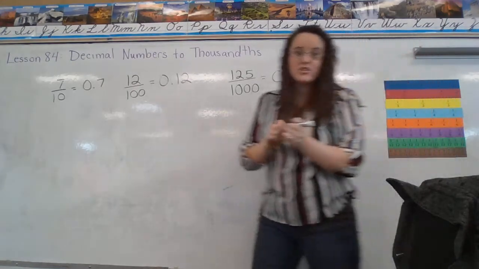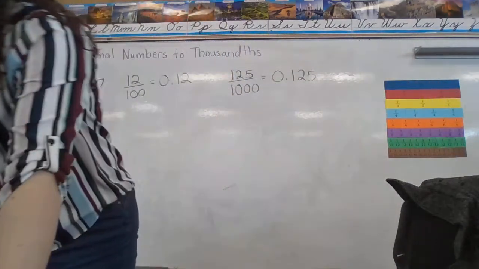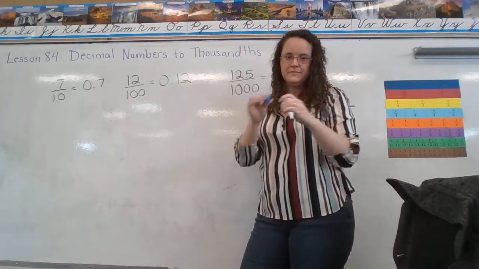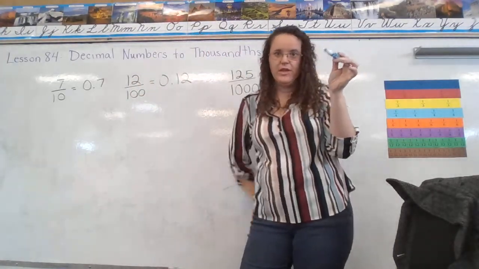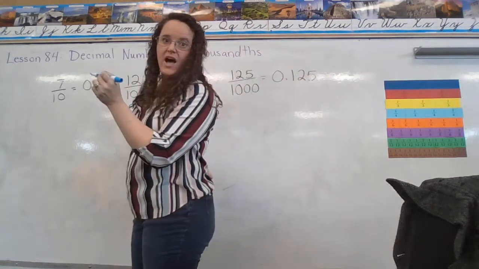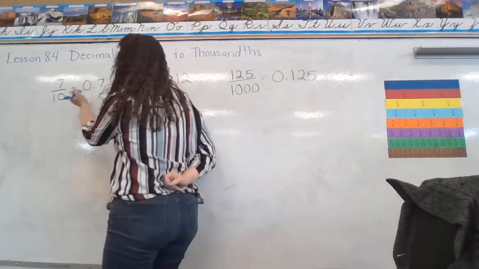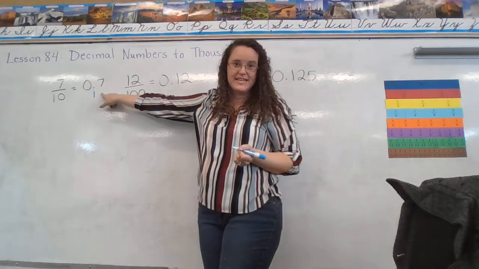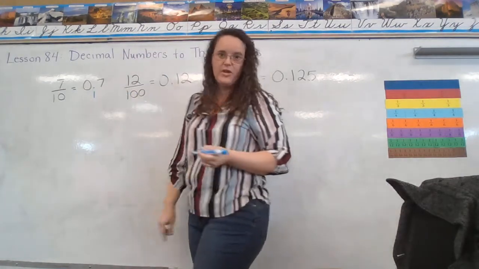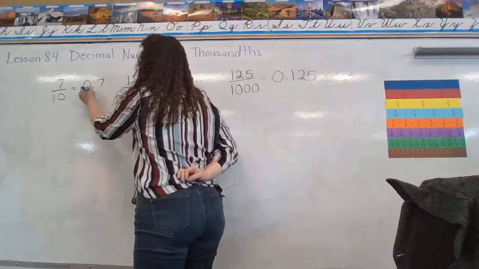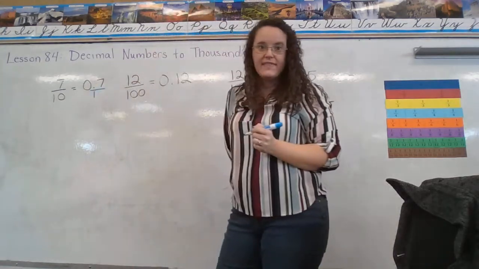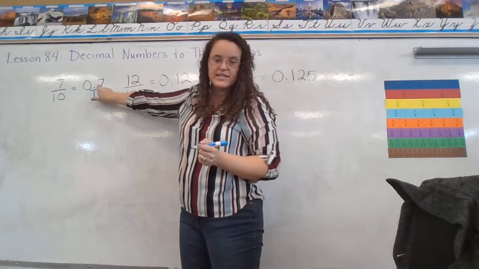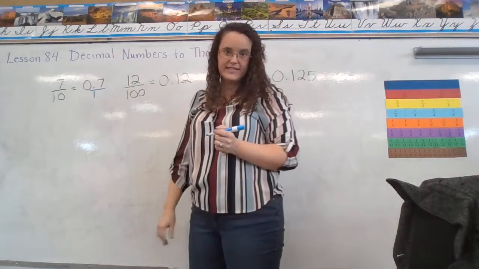Okay, so here's the trick I promised you. If you're trying to read a decimal number, take your pencil, put a 1 under the decimal point. So here for my 7/10, I put a 1 under the decimal, draw a fraction bar, and then you fill in zeros for as many place values as you have after the decimal point.